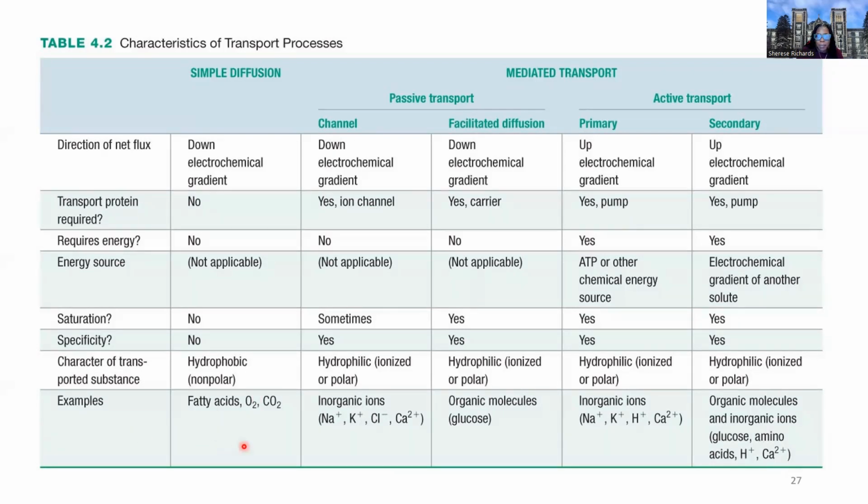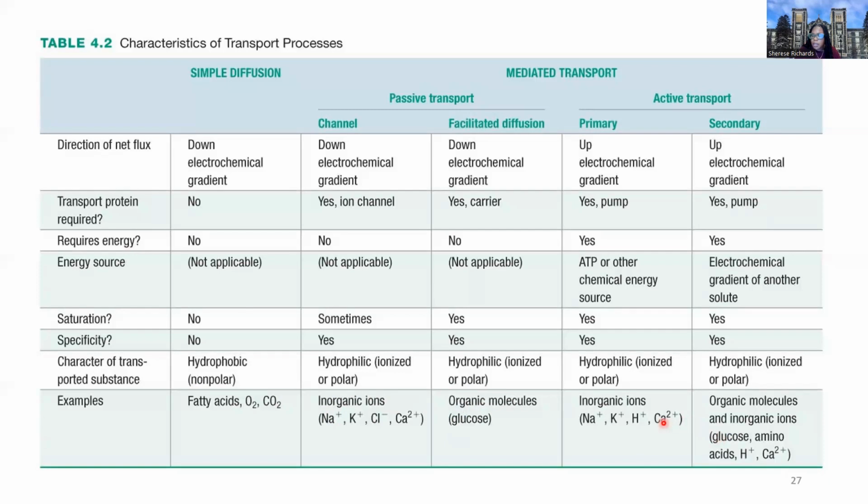You can look at some of the examples of particles that can move by each of these means of transport. So fatty acids, oxygen, carbon dioxide can move right through the membrane. Charged particles like sodium, potassium, chloride are going to need a channel of some sort. Glucose is going to need a carrier or a transporter. And then we talked about examples of active transport, right?